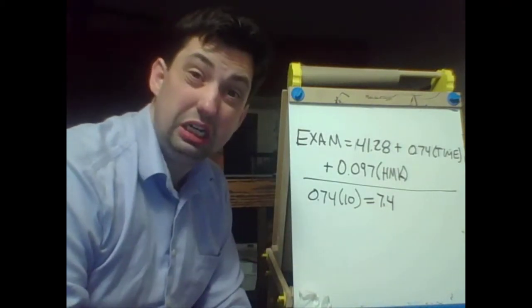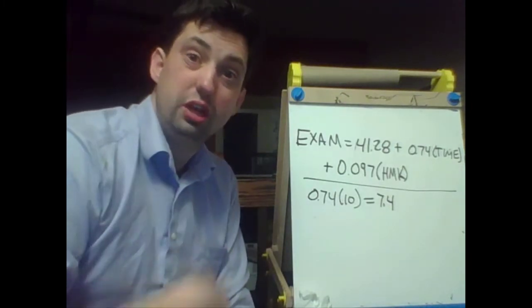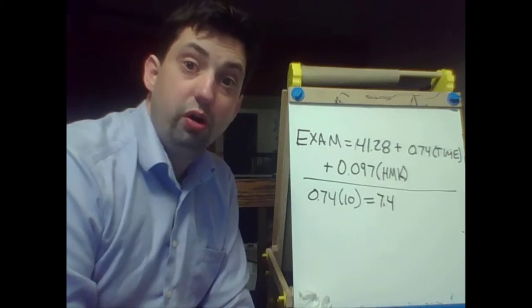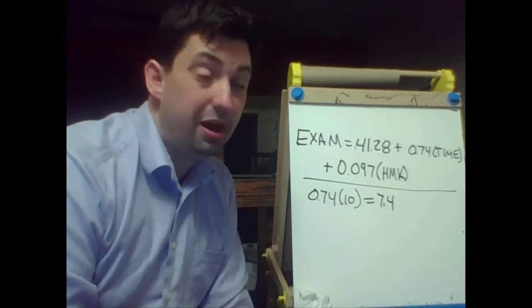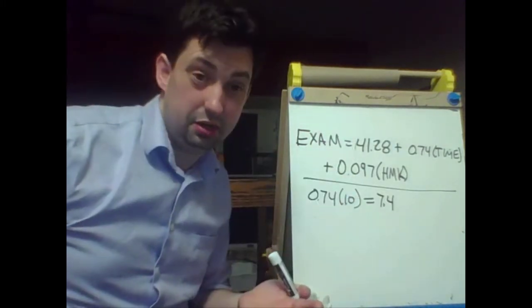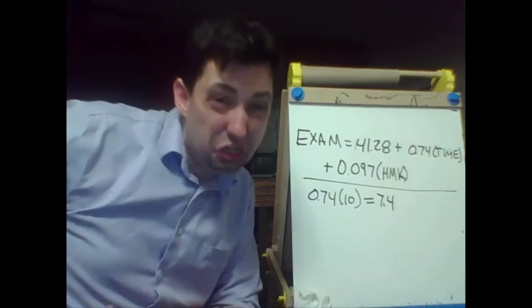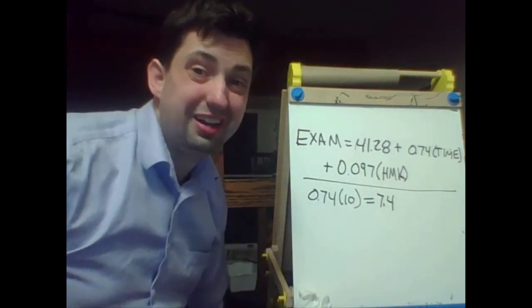That's pretty big. You take an additional 10 minutes of your time to check over your work, to think carefully about some answers, and your final score for the exam goes up by almost a full letter grade. Rather than getting like an 85, you get a 92. Rather than getting a 60, you get a 67.